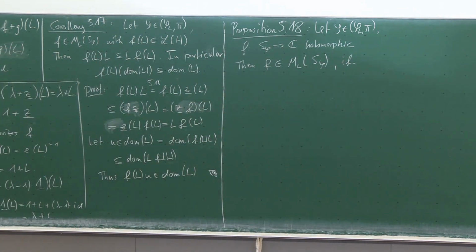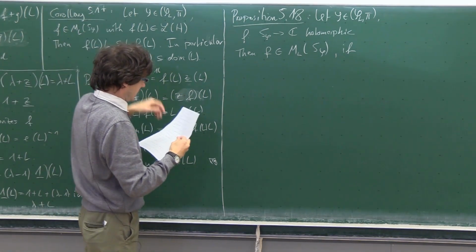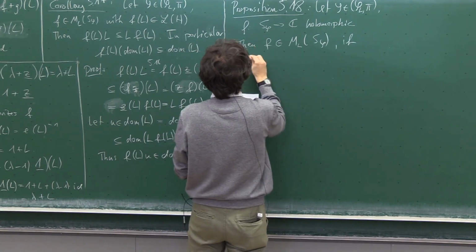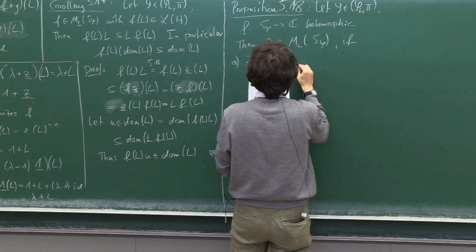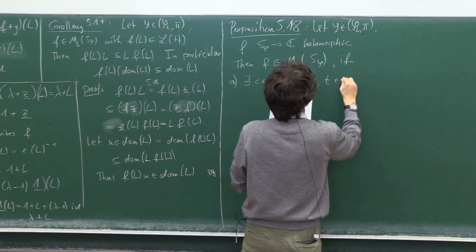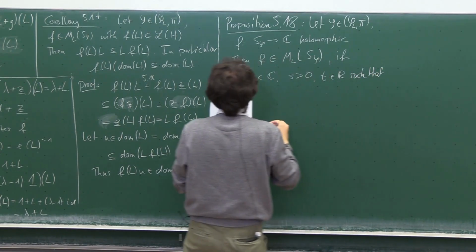There is the general case for every L, and there is the better case if you know that L is injective. So let's do first the general case. If you have some complex constant c, positive real constant s, and a real constant t, such that the following holds.